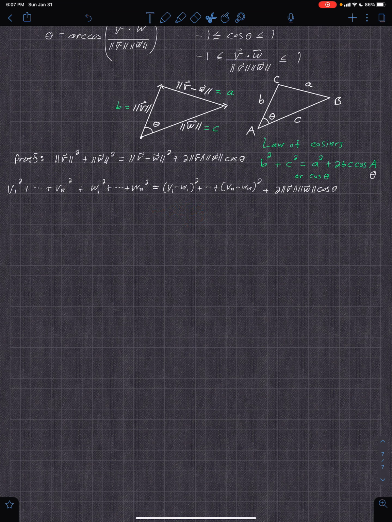So the left-hand side, I'm going to just recopy it.